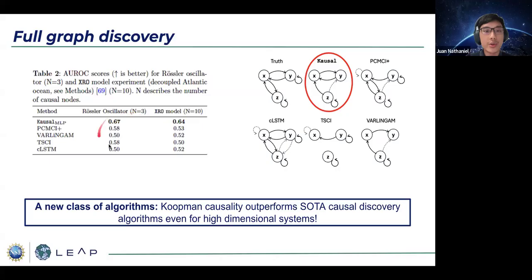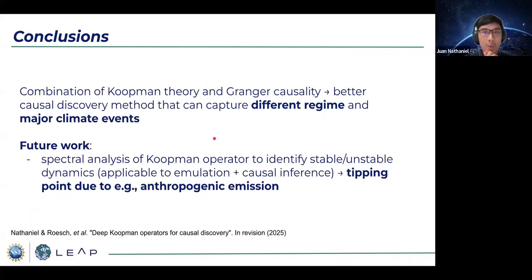So we are extending this to simple problems where we only have 3 nodes, in the Rössler oscillator, and we are also extending it to the XRO model, and we are benchmarking against some state-of-the-art causal discovery methods. So that's what I have in terms of operator learning and causal inference.